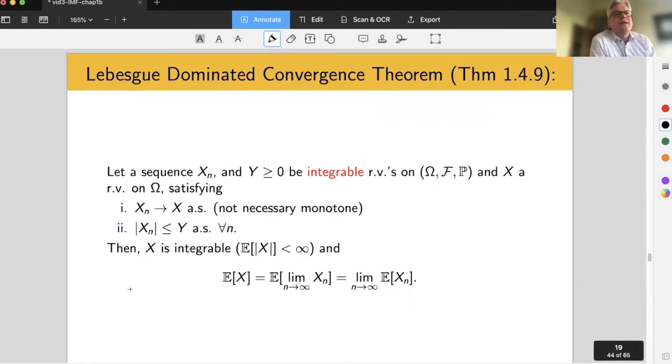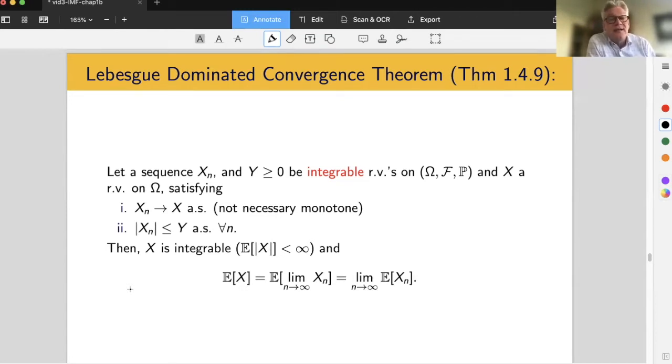Now, the next theorem, the Lebesgue dominated convergence theorem, which is in the book as Theorem 1.4.9, is even a bit more general because monotonicity is dropped. But it has to be replaced by something, namely the boundedness of the integrable function. This convergence theorem goes as follows.